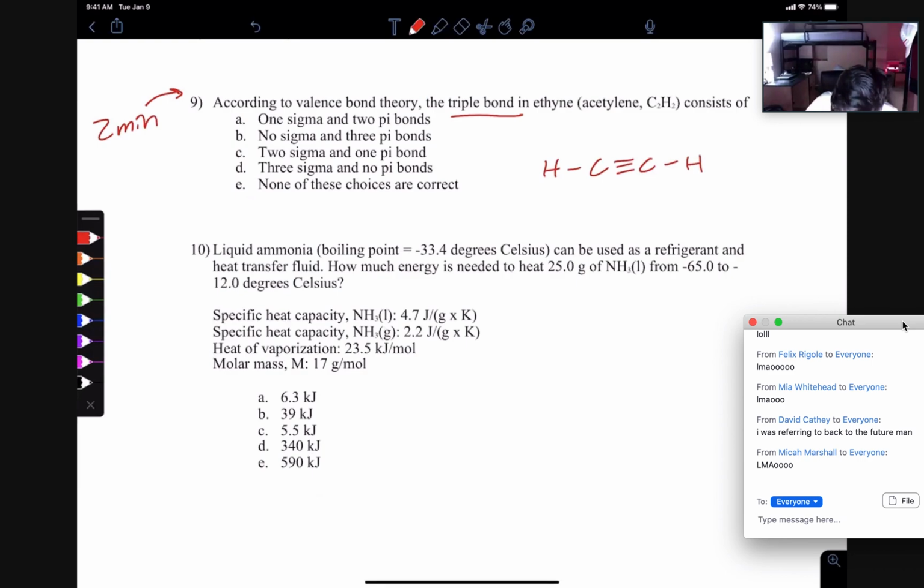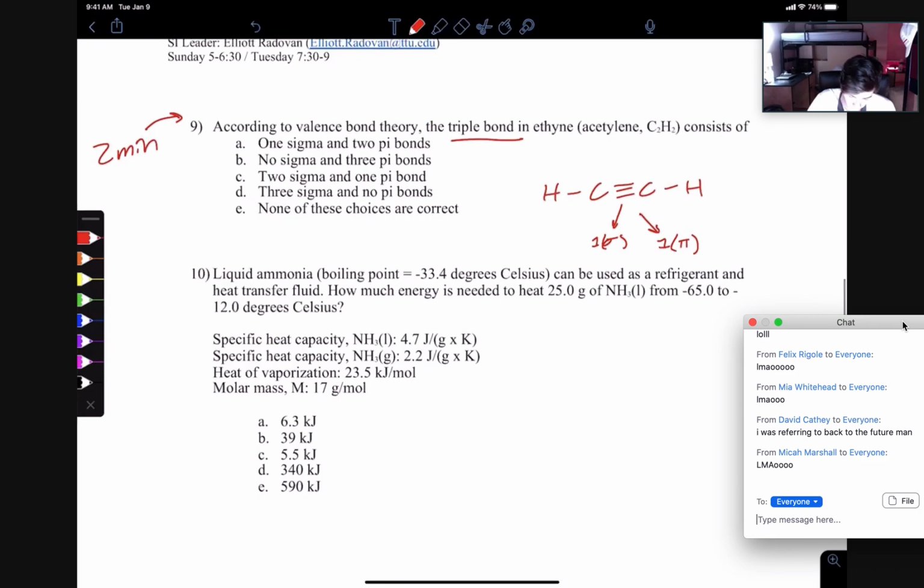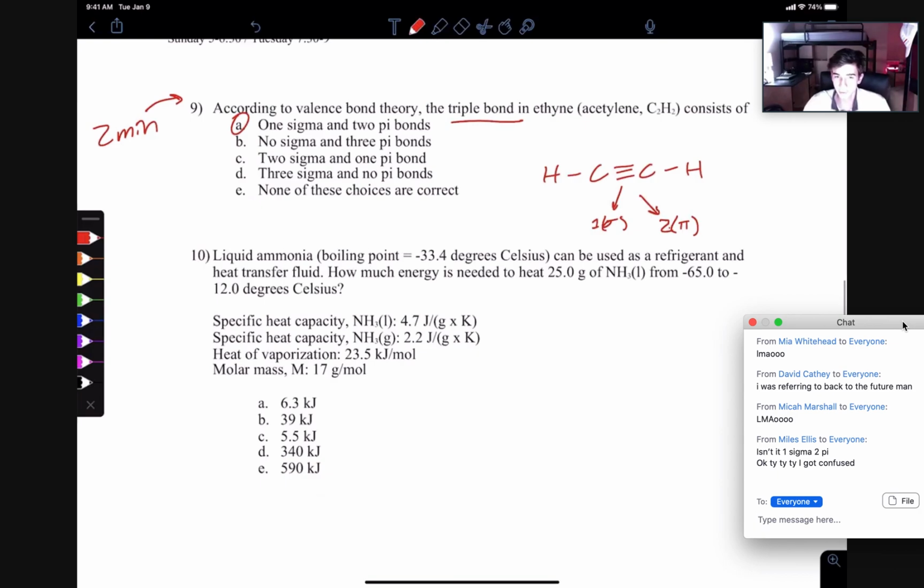In that triple bond, we get 1 sigma bond, and we get 1 pi bond. Sorry, I miswrote. It's 2 pi bonds. So the answer is A. There are 2 pi bonds. I hope I didn't give anyone a mini heart attack. I probably did, but that's okay.